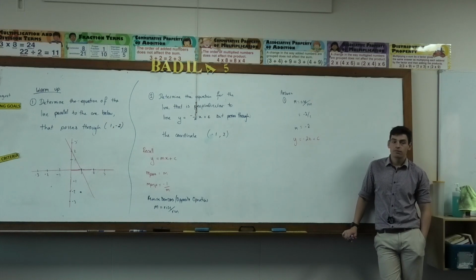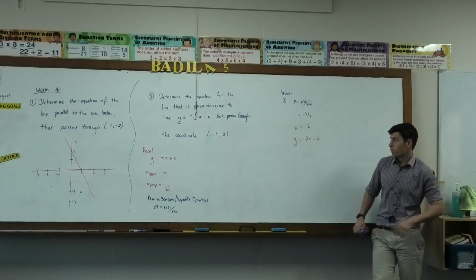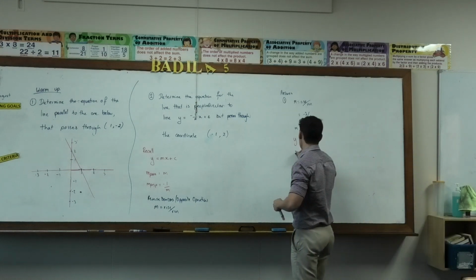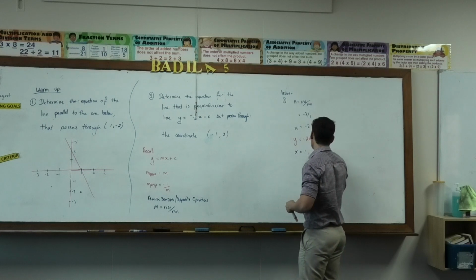Determine the equation of the line parallel to the one below that passes. Okay, so you've dealt with the parallel component. What do I need to know now? I know the gradient. Do I know anything else about that line? I know an x and y value. What x and y value do I know? I know that when x equals 1, y equals.